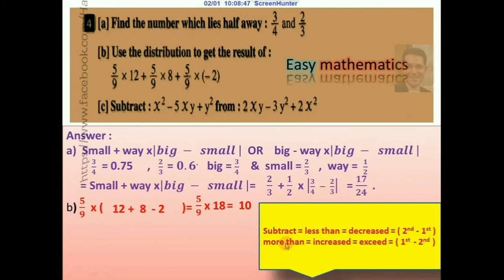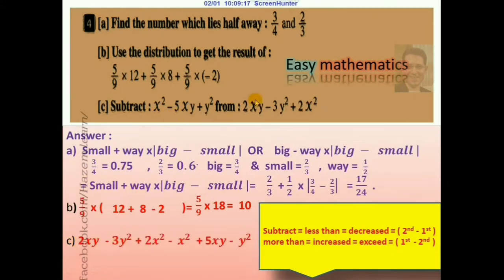But if he says more than, increased, exceed, in this case we start with the first algebraic expression minus the second algebraic expression. What is the meaning of this rule? I mean, when we say subtract, we must start with the second algebraic expression, which is 2xy minus 3y^2 plus 2x^2 as it is, and change all signs of the first algebraic expression, like that.